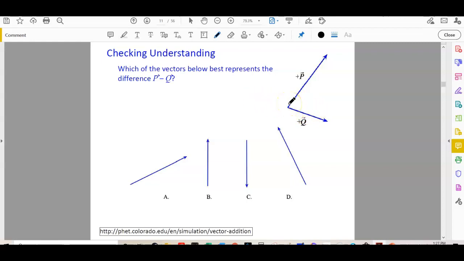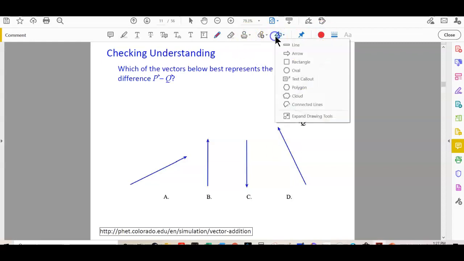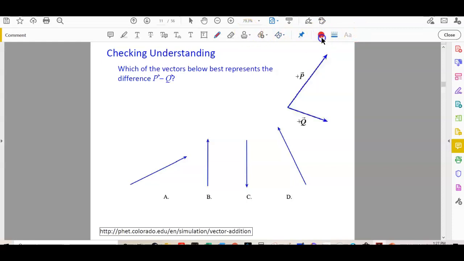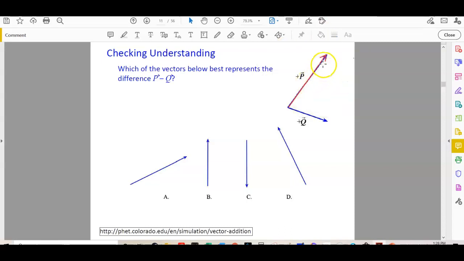All right, so again, I'm going to use black for the handwriting part, but I'm going to use red for the vector. And I'm going to measure out the P vector. So this P vector is pointing up and to the right, and it is going to be red. There we go. So I have that measured out.